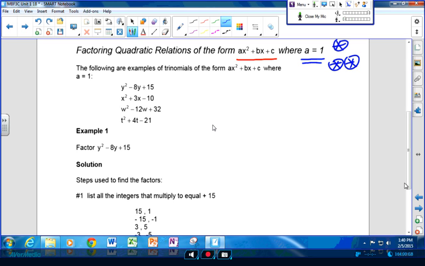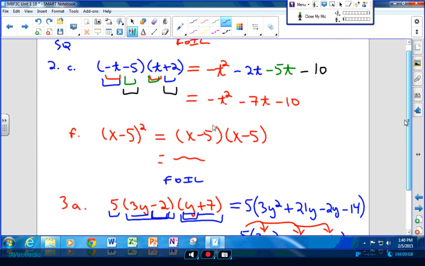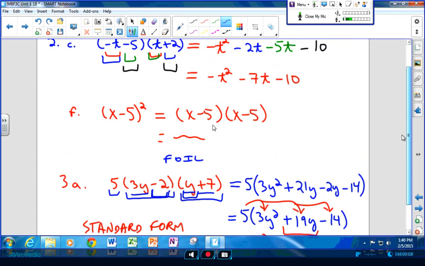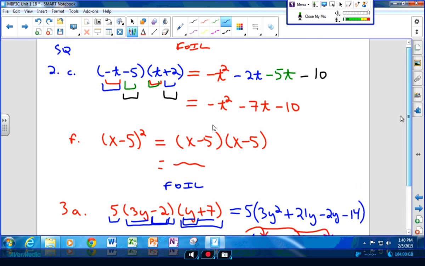Okay, so let's then back up to the example I just showed. I just showed 2 examples. Okay, so example 2c, we ended up with a negative t squared minus 7t minus 10. Now notice we have negative t squared, which means that our a value is negative 1, meaning we can't use this technique.